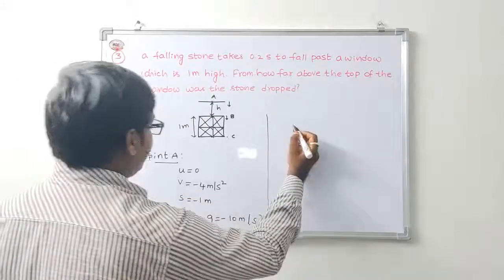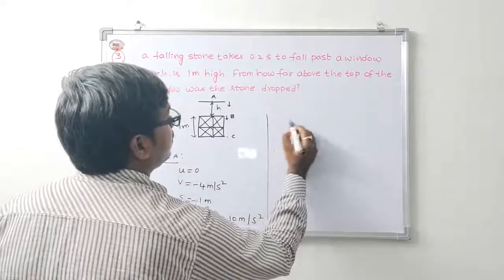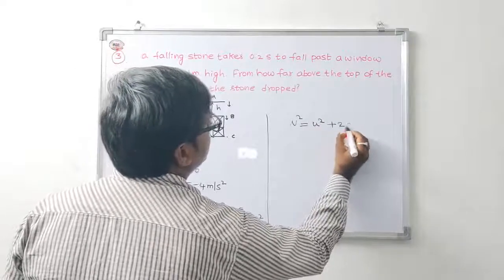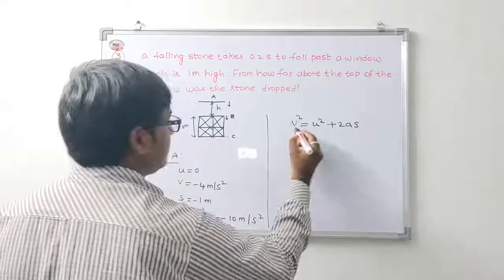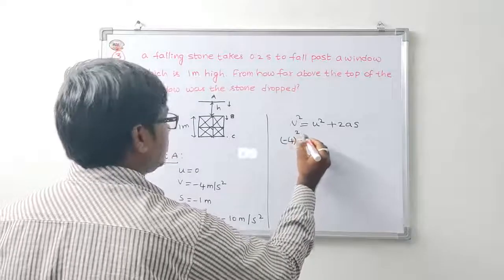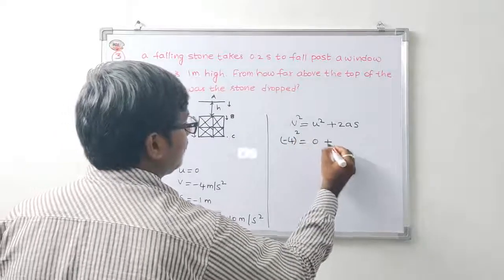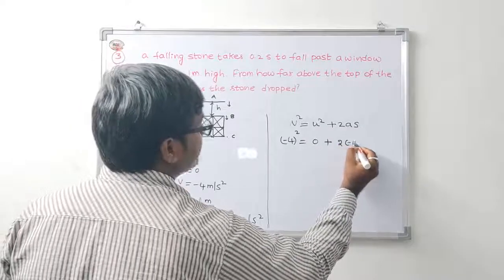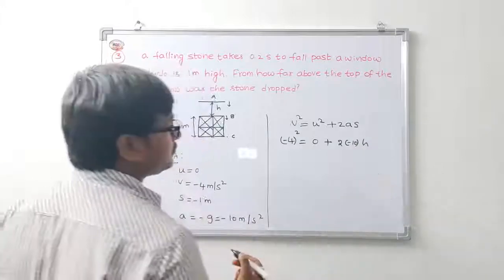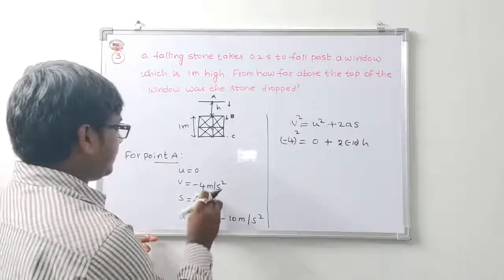By using the kinematics third equation, v square is equal to u square plus 2as. This is minus 4 whole square is 16, equal to 0 plus 2 into minus 10 into s, where s is equal to H, the height.